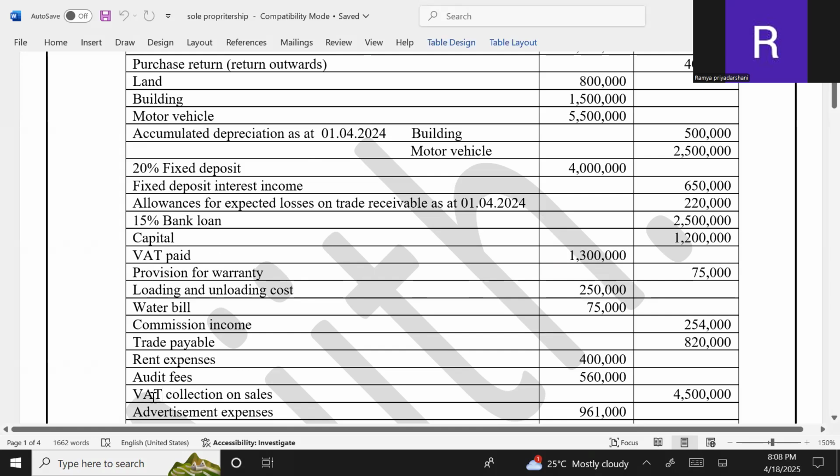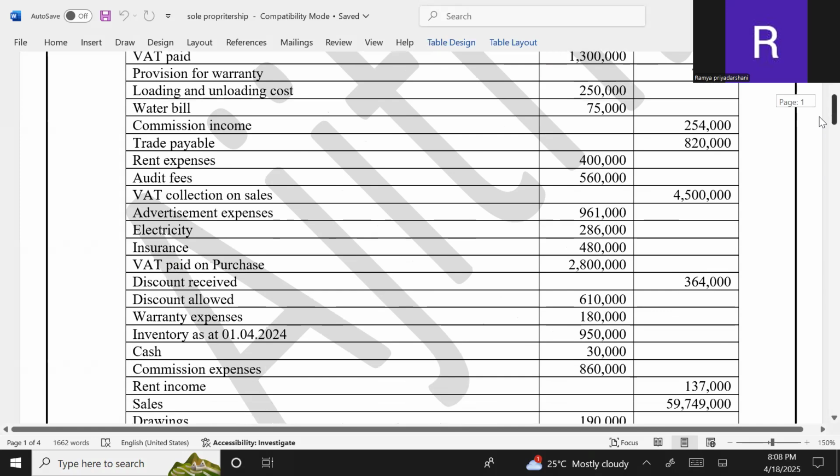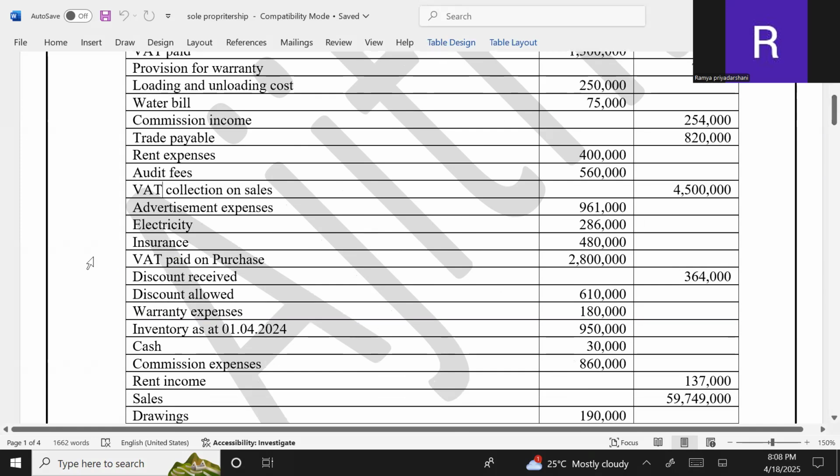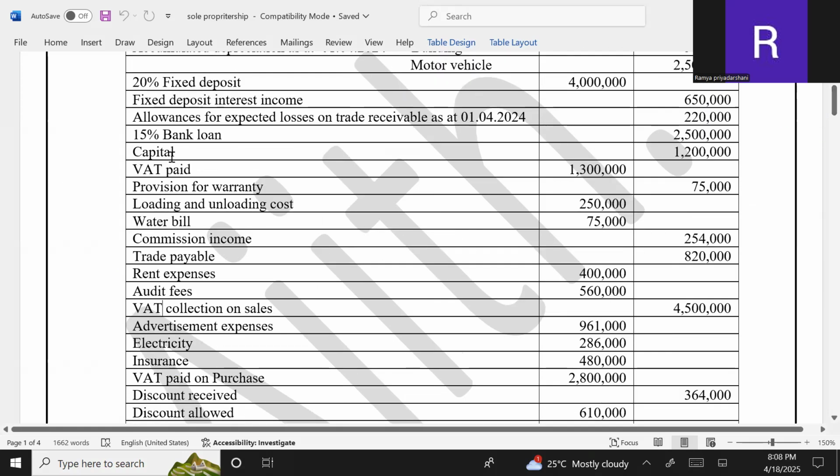VAT collection on sales and VAT paid on purchases are available, as well as the VAT paid amount. VAT paid is the value paid in cash to the Inland Revenue Department.